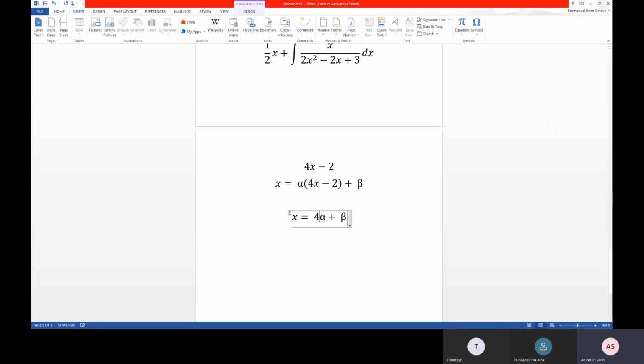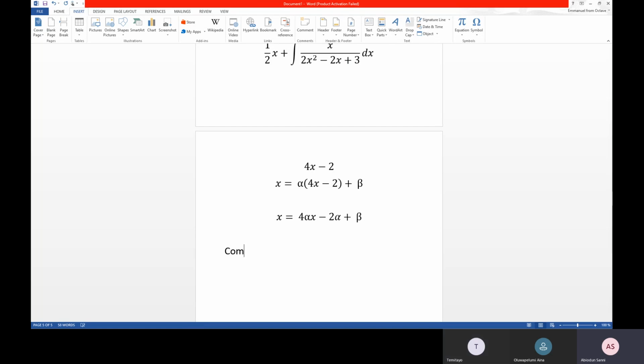I have 4 alpha x, alpha times 4x, then alpha times minus 2, that's minus 2 alpha, then plus beta. So the next thing you are going to do is compare coefficients.